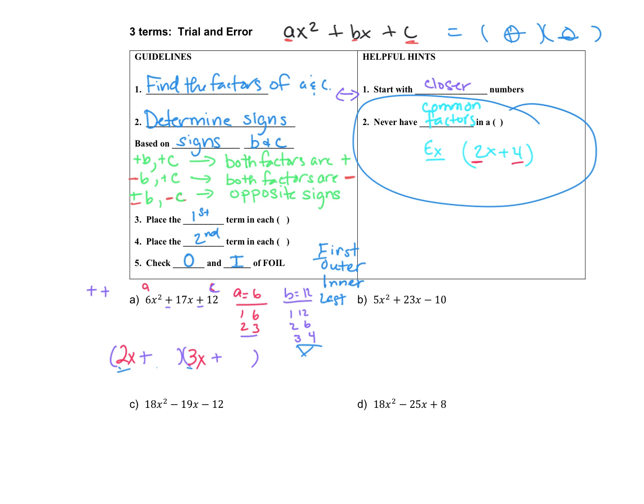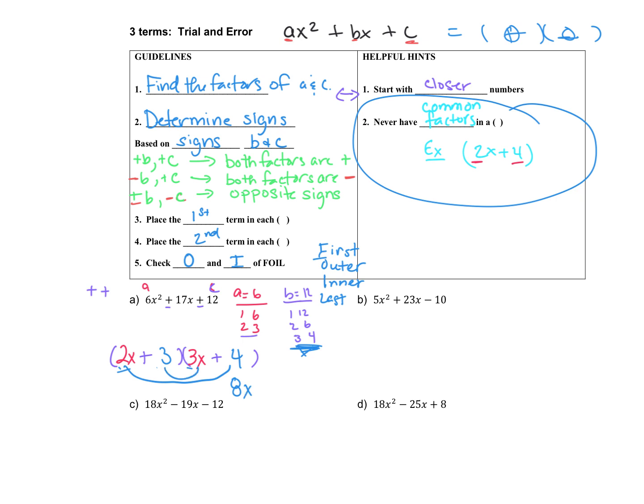If I switch them and I put 3 first and 4 second, it's kind of like just how it's written here, but I wanted to make a point. So here I'm okay, as in they don't have a common factor, so I'm good so far. Now the last thing I want to do is check. We check the outer, multiply that together, and we get 8x.